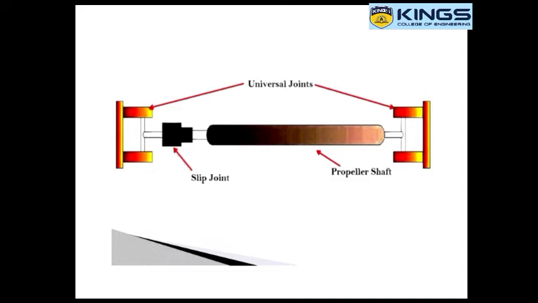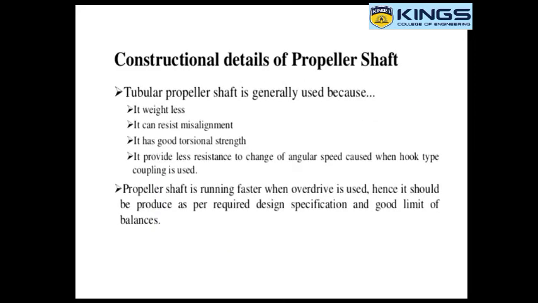There is a line diagram with two universal joints and one slip joint, already shown in the previous slide. The tubular propeller shaft is generally used because it is light in weight, it can resist misalignment, and it has good torsional strength.